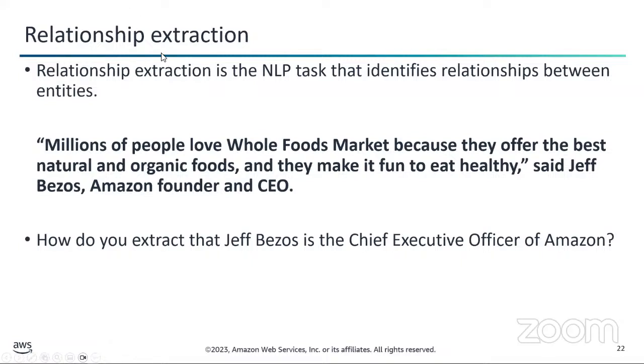Then you have to extract the relationship, which is the NLP task that identifies relations between entities. So how do you extract that Jeff Bezos is the chief executive officer of Amazon from this sentence?